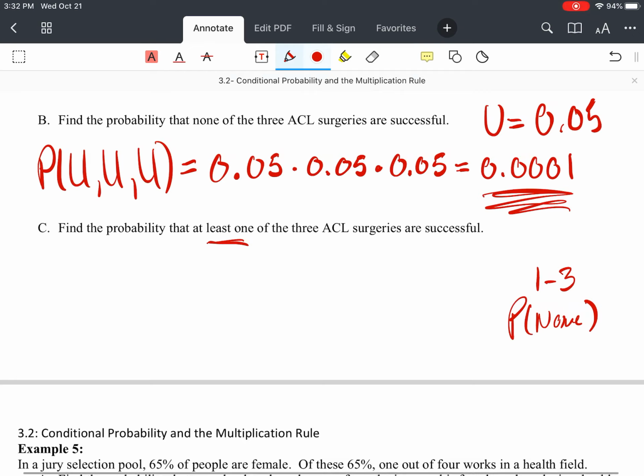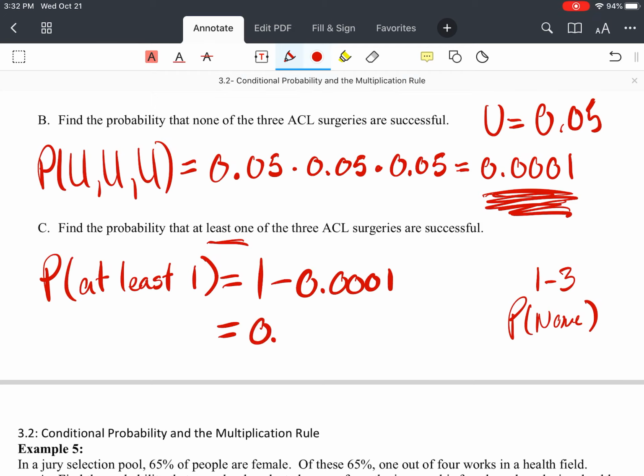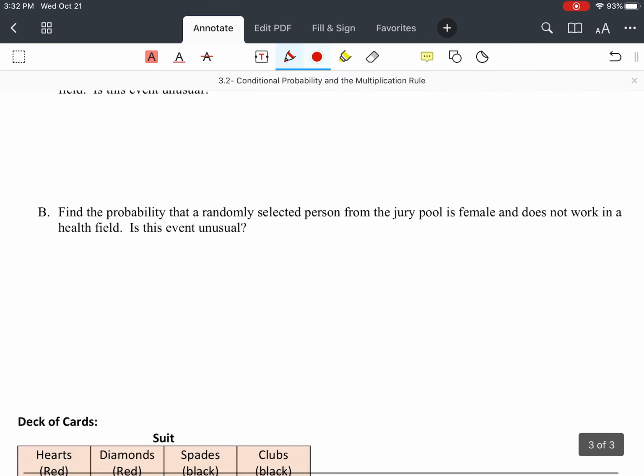So the probability that at least one is successful is equal to 100% minus the probability that none of them are successful. And we get about 0.9999, so nearly 100% chance that at least one of those will be successful.